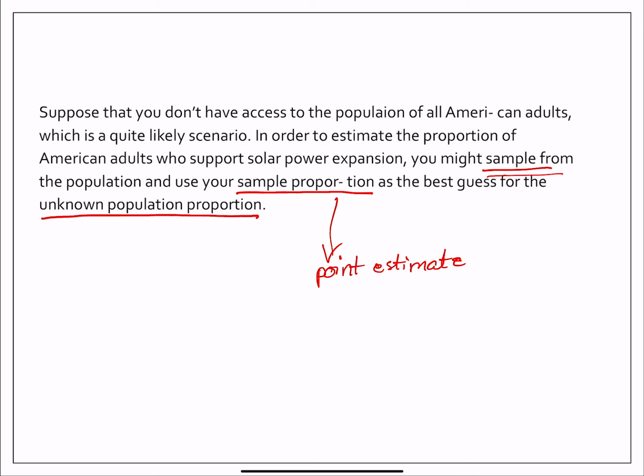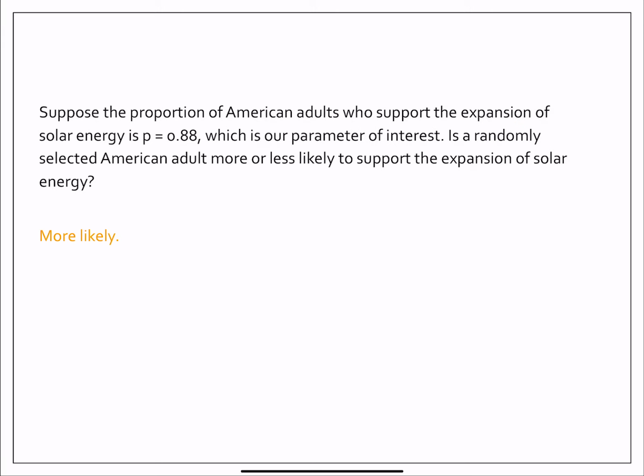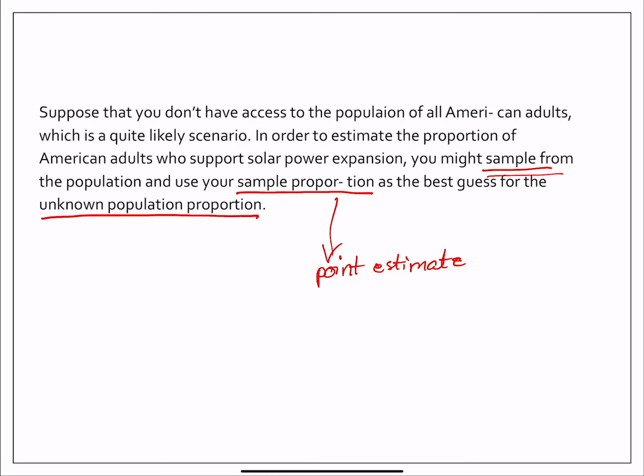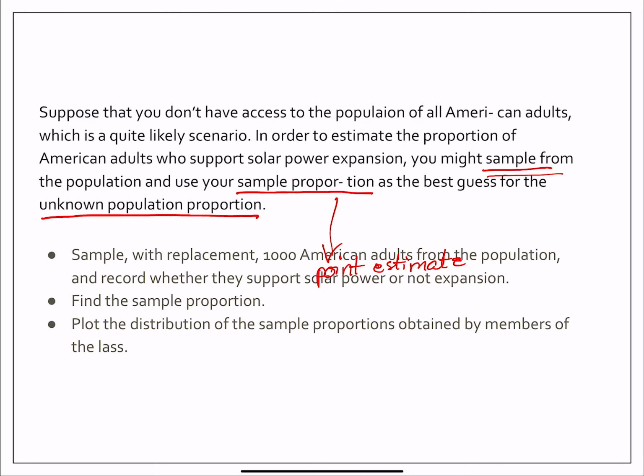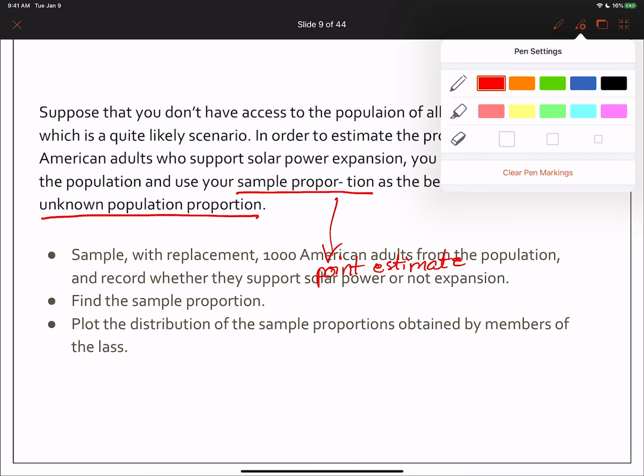Now, before we walk through how exactly we do that, we already know what we're kind of expecting to get out. So we have the answer, and now we're going to go through it to see the different ways we could try to get to that answer, right? So that's what we're going to do. Take a sample, and then guess, based on the sample that we take, what the information is about the population.